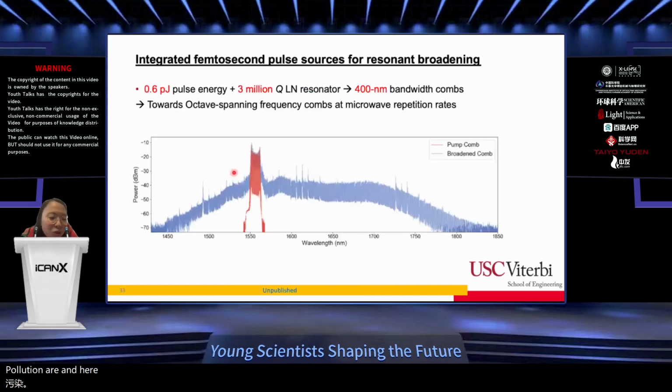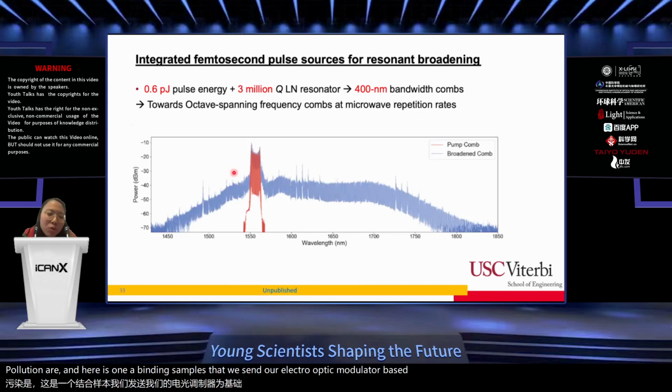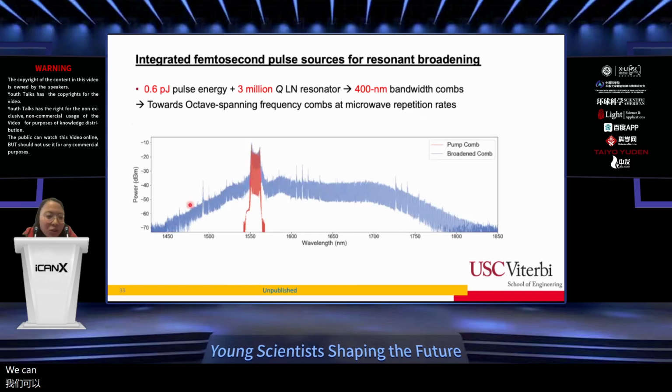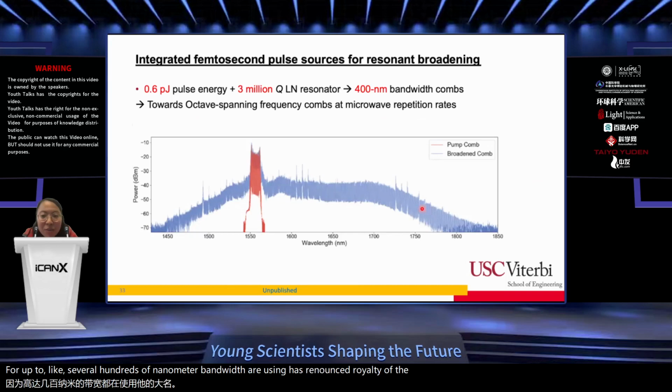Here is just one example: we send our electro-optic modulator-based short pulses into another high-quality-factor lithium niobate optical cavity. We can start to see this beautiful broadening of the optical spectrum up to several hundreds of nanometer bandwidths using the Chi3 nonlinearity of the material on the same material platform, basically.